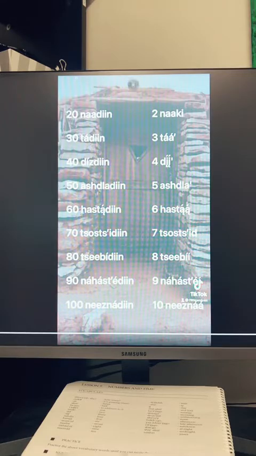If you know your numbers 1 through 10, you already know the root words of your tens. You just add the deen to the end of the root word.